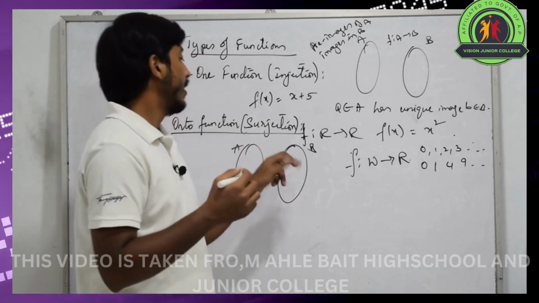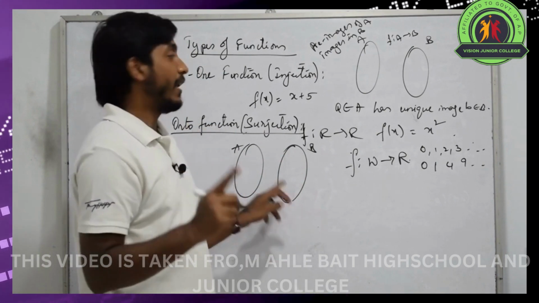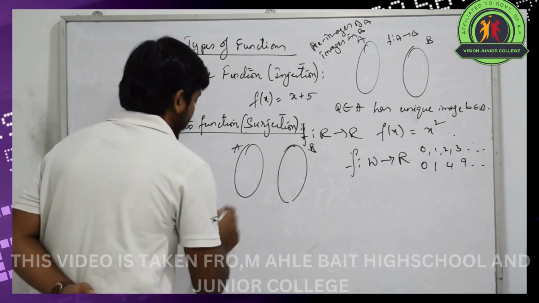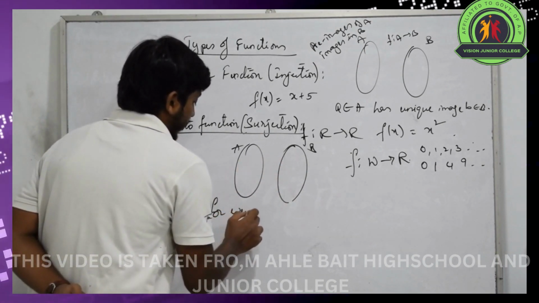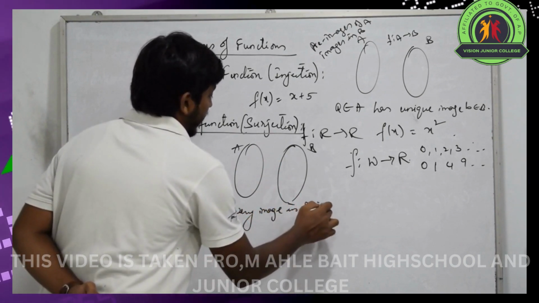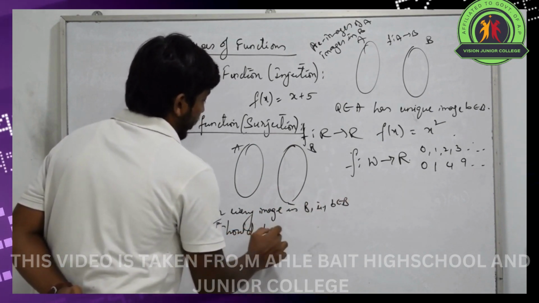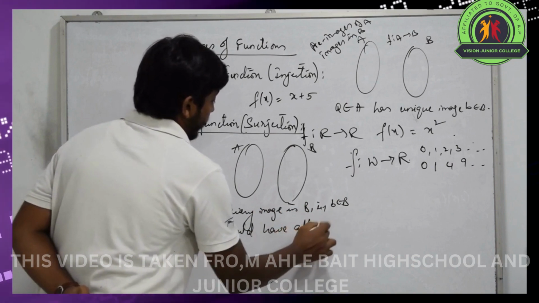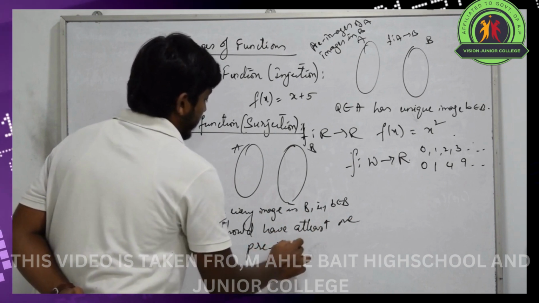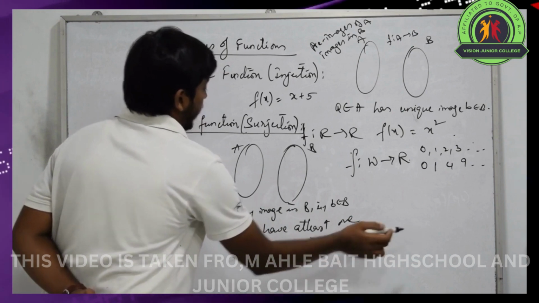Once again, for every image in B, that is b belongs to B, there should be at least one pre-image in A, that is a belongs to A.